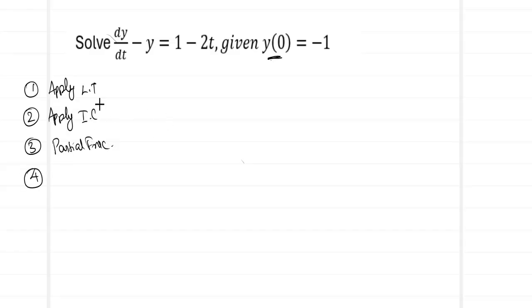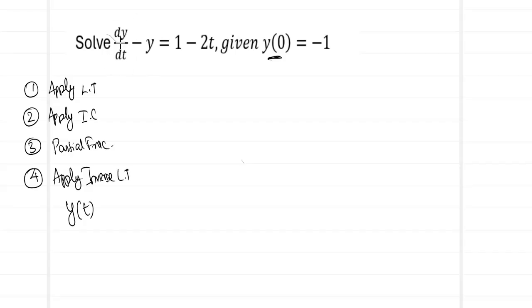Step number 4, to remove the effect of the applied Laplace transform, at last we apply the inverse Laplace transform to the partial fraction. On applying all these 4 steps, we will be getting the solution of the differential equation, which is nothing but y of t. Okay, so now let us get started with this problem, which is of first derivative.